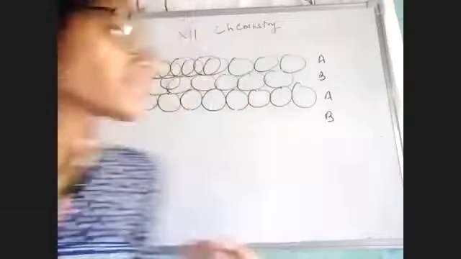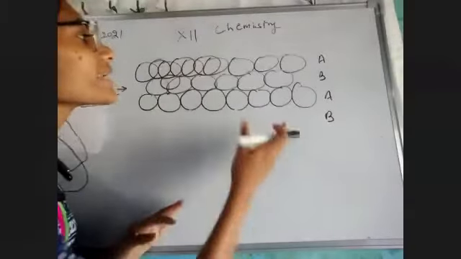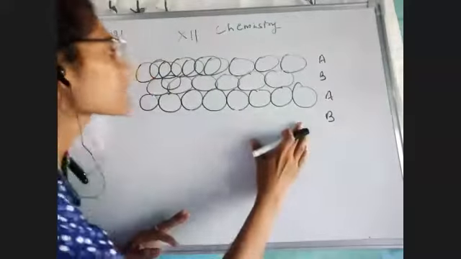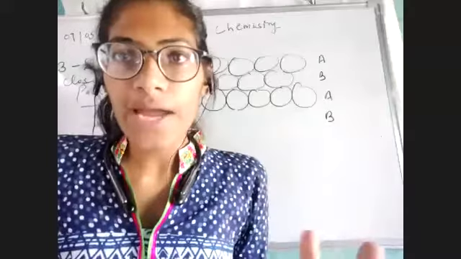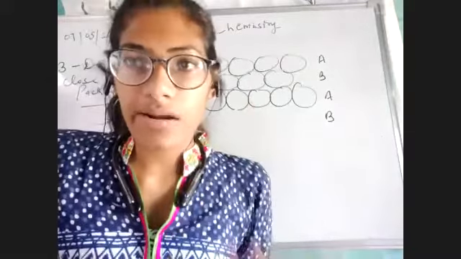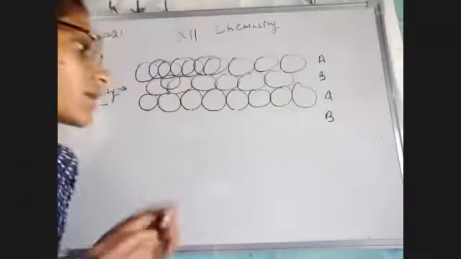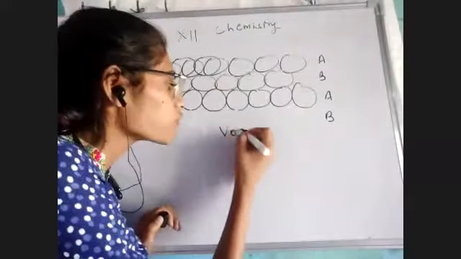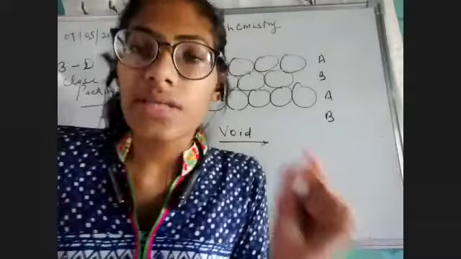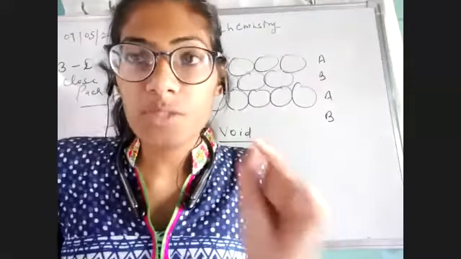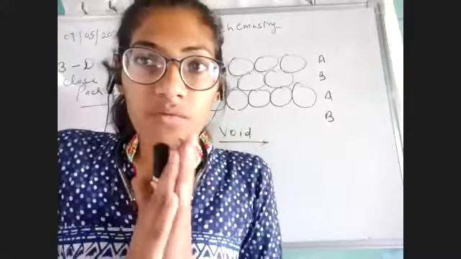Whenever we put another layer of the same AB over it, there would be formation of two types of voids known as tetrahedral and octahedral voids. There would be formation of voids. Now what does void actually define for us? Void means there is a formation of space. There is a kind of little bit of hole.